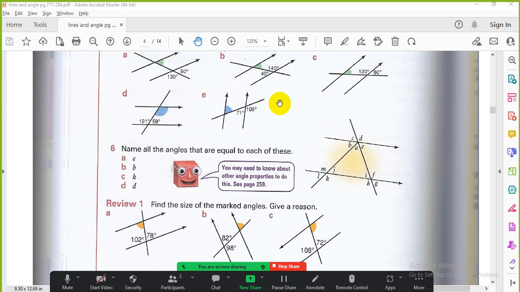Can we take J? No, J also we can't take, and you have to see the size of the angle. When you see the size of the angle also you can understand.